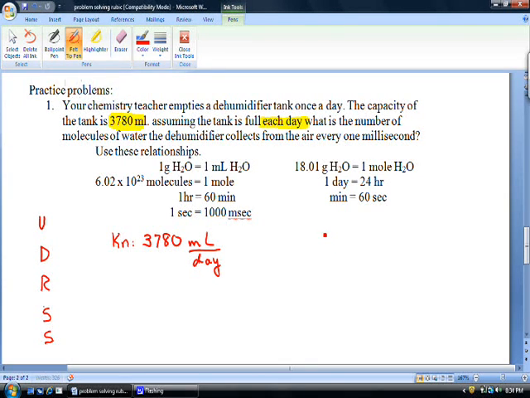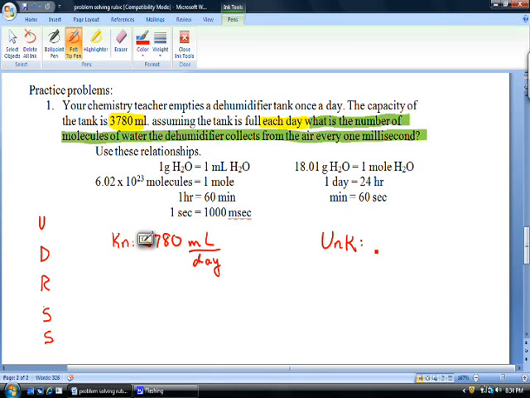The thing we are looking for, we'll call that the unknown, the piece of data that we're looking for. And the thing we're looking for in this problem is, what is the number of molecules of water the dehumidifier collects in 1 millisecond?